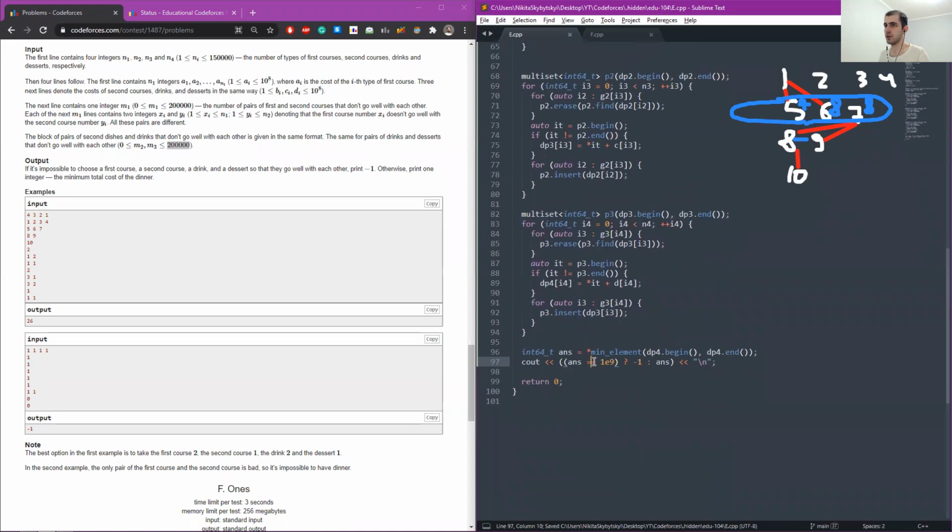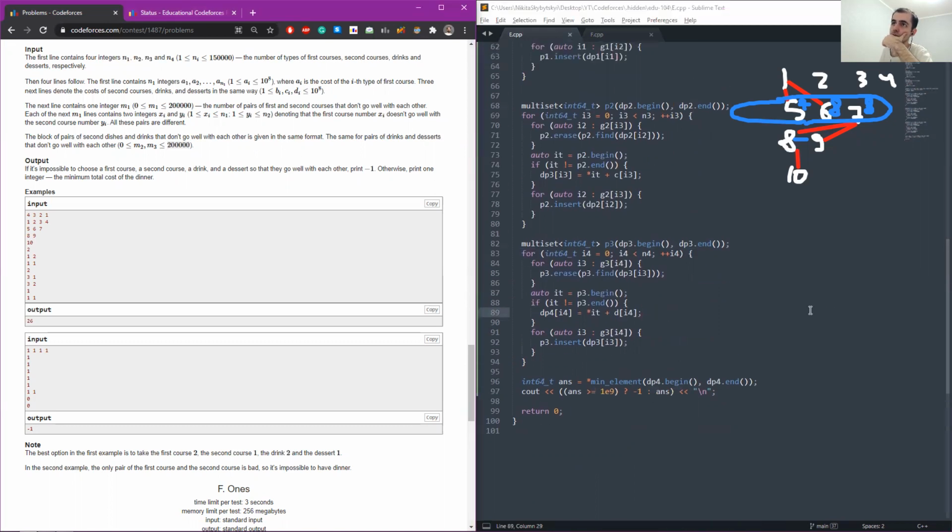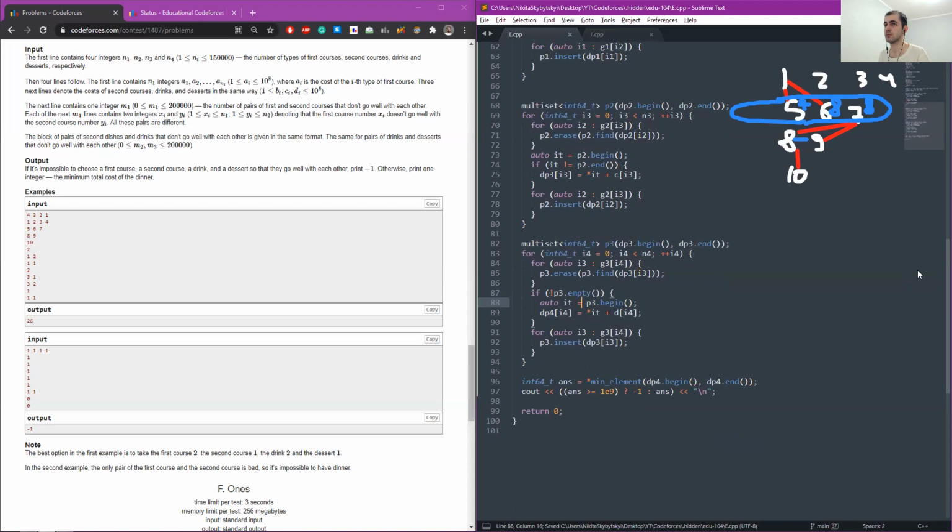For example, here you want if it's greater than this, and you just greater or equal to this. What if we just do some stupid optimizations?